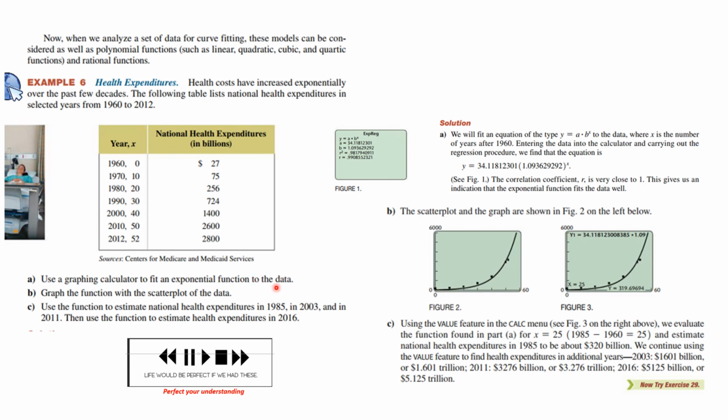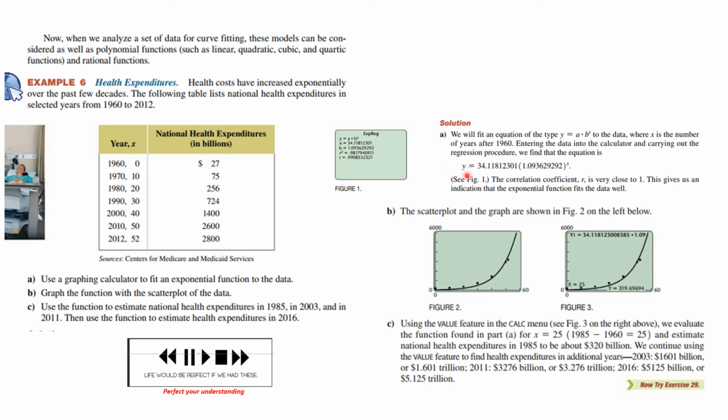We plug this data into our tables, and we get a model that looks like this. The model that we're looking at is y equals a times b to the x. That's the exponential model. We fit the data to this curve from the statistics menu, and we find these values. Notice that r is very close to 1, meaning that it fits the data very well.